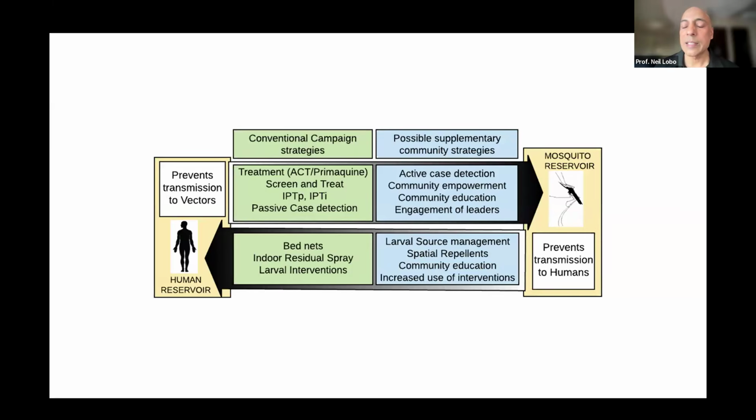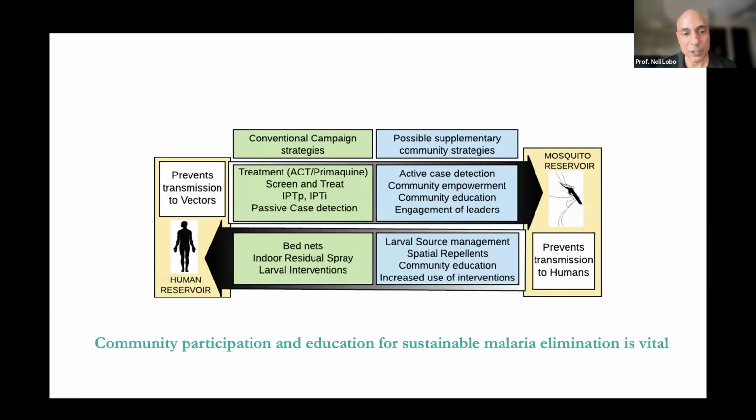And there's a saying that someone told me once that has stuck in my head. Nothing is more powerful than a mother trying to protect her child. And that is the basis of community-based strategies. Even though we might have really good top-down Ministry of Health strategies, if you have a mother, an educated family, protecting themselves, that is so much more powerful, and you can use that power from the mother, from the family, to utilize conventional campaign strategies and maximize the potential impact.